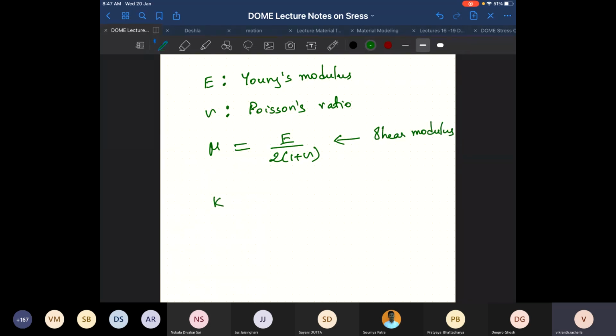And what is the bulk modulus? E divided by 3 times 1 minus 2 nu. This is what it is. Just a second.